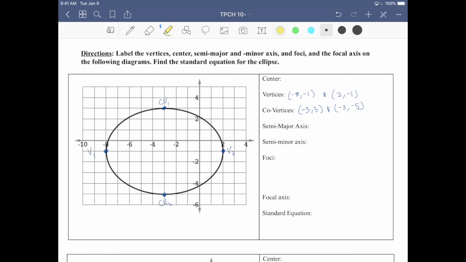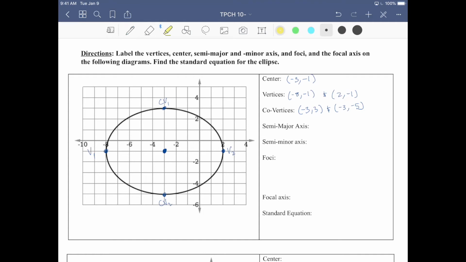All right, so it's actually quite easy to figure out where the center is in this case. It's going to have the same y value as your vertices, and it's going to have the same x value as your co-vertices. So there's my center. My center is going to be at (-3, -1).